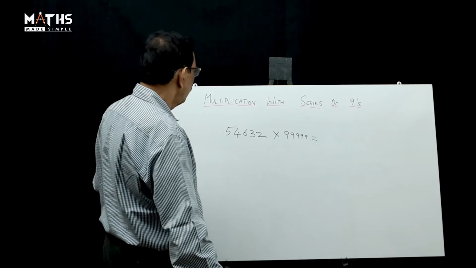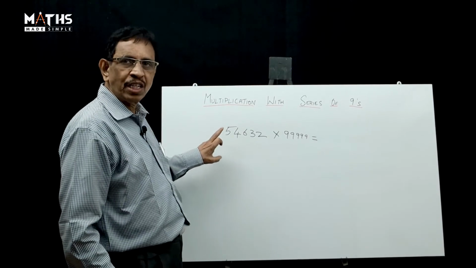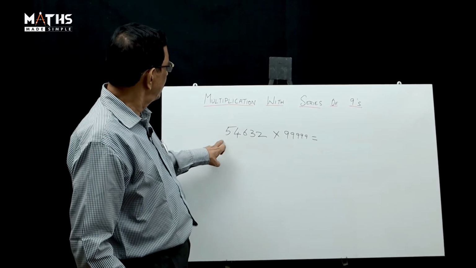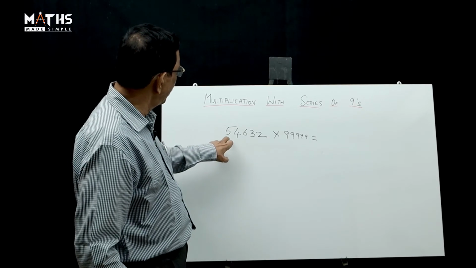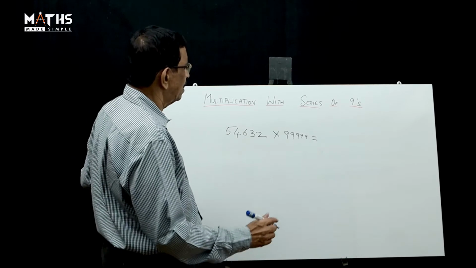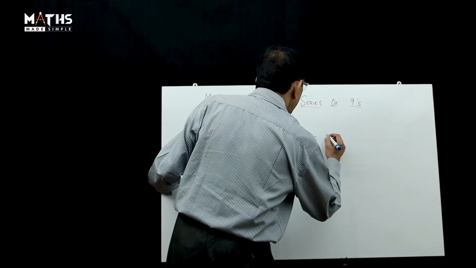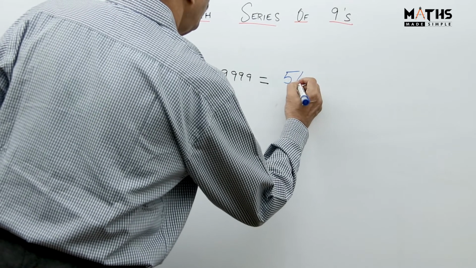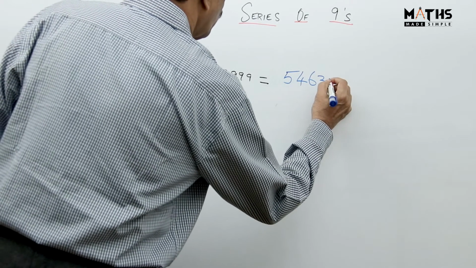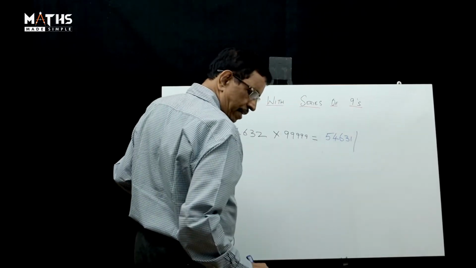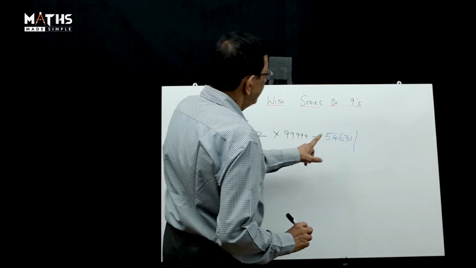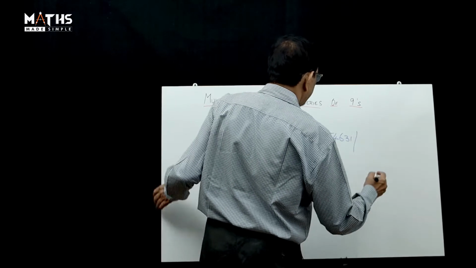As usual, what we have to do is minus 1 from the multiplicand. So when I minus 1 from 54,632, the answer will be 54631. On the right hand side, each and every digit I have to minus from 9.